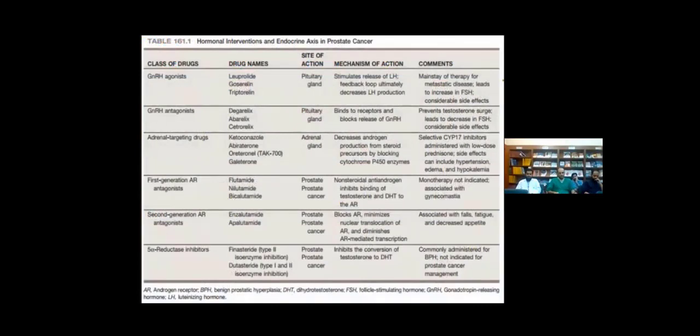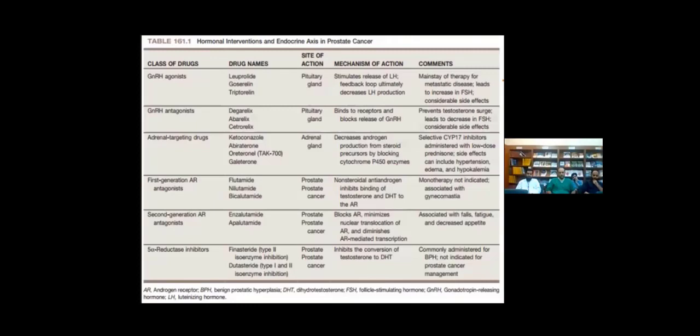This is another summary. We discussed the LHRH, GnRH agonists, which include leuprolide, goserelin, and triptorelin. They act on the pituitary. The mechanism of action is to stimulate the release of LH, with a feedback loop that ultimately decreases LH production. They are the mainstay therapy for metastatic cancer, and decrease the LH level, but also have considerable side effects.